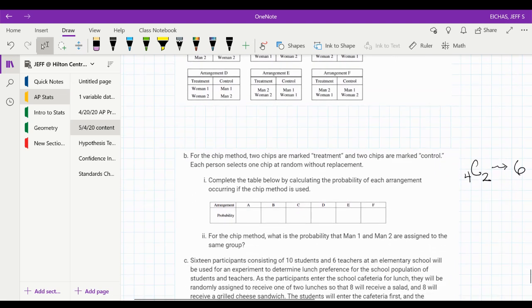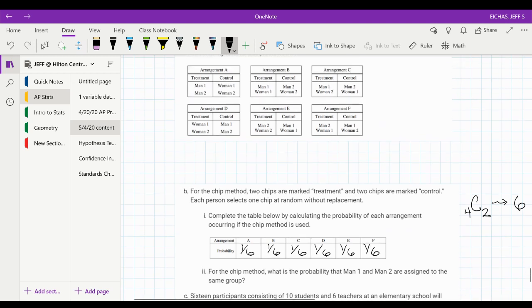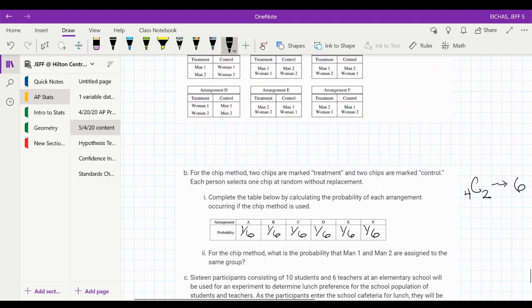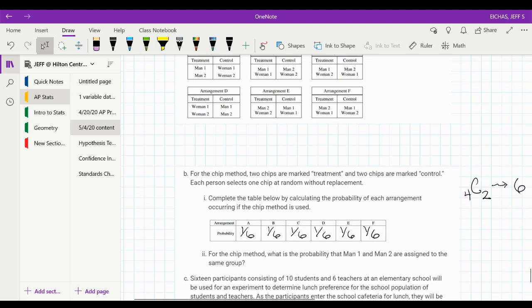So for the chip method, it's basically equally distributed. All of these have a probability of 1/6. So that's the main difference. Each of these arrangements has the same chance of happening.